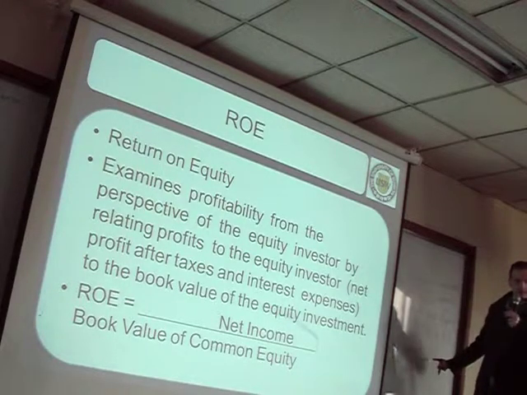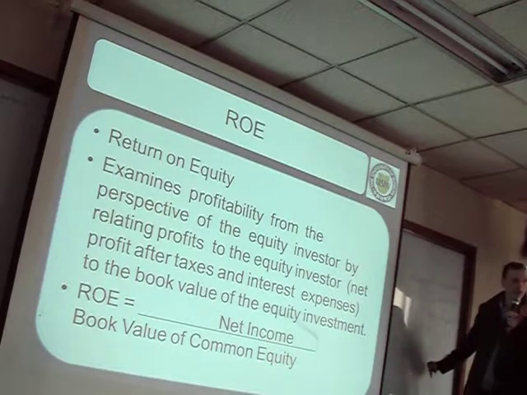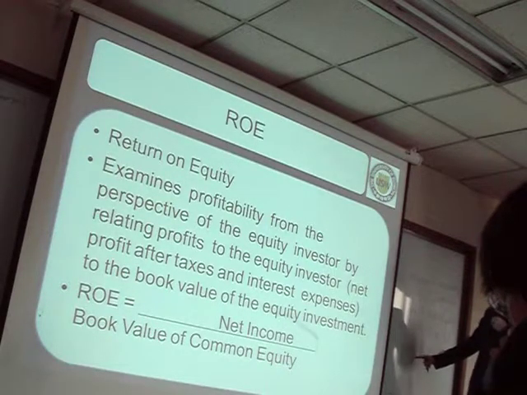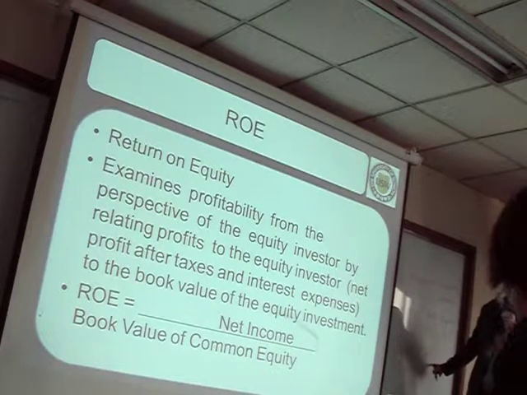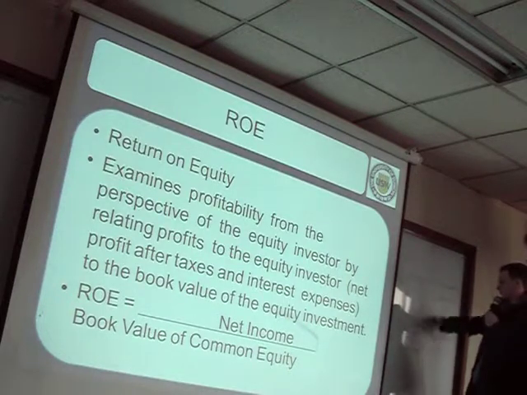What is the return on assets in this case? What percent is my return on assets? EBIT over my assets. EBIT times 1 minus T over A. What's this number? 20. So this is 20.